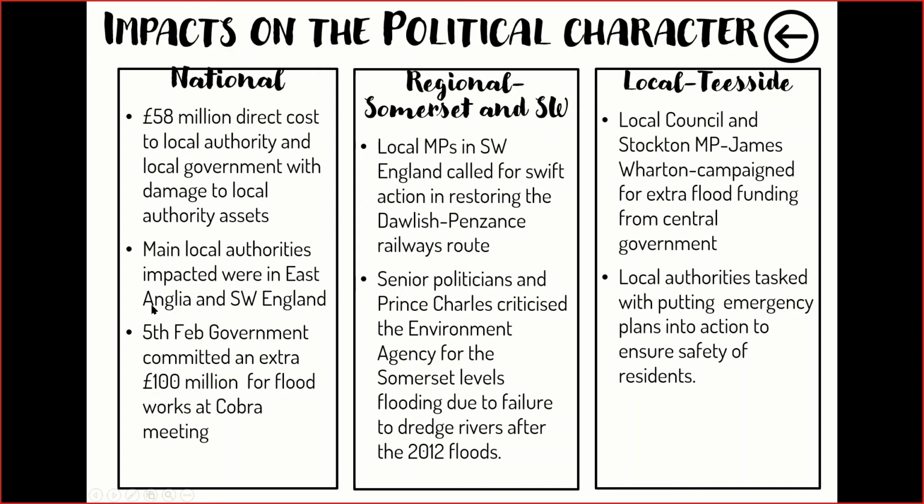It affected East Anglia and South West England the most. And by the 5th of February, after these series of storms, government committed an extra 100 million for flood works. That was a COBRA meeting, where all the nations get together, and that was the pledge that came from it. That's a response, but that was also the impact on the politics, that national outcry about this.